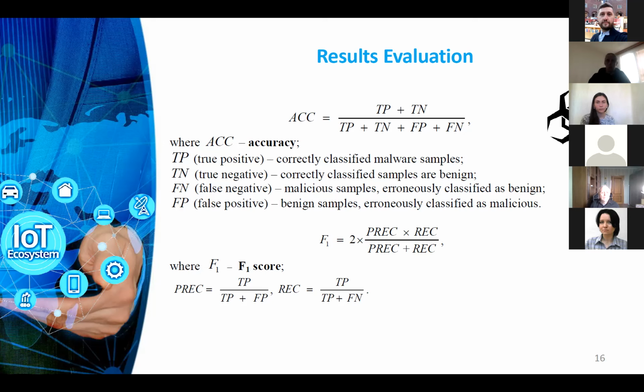Some of the data, about 10%, were used for training. The rest of the data were used as testing data to assess the effectiveness of the proposed approach. The following metrics were applied: accuracy and F-score.